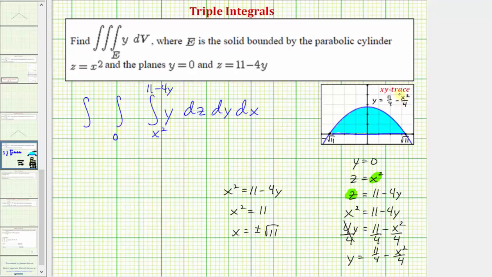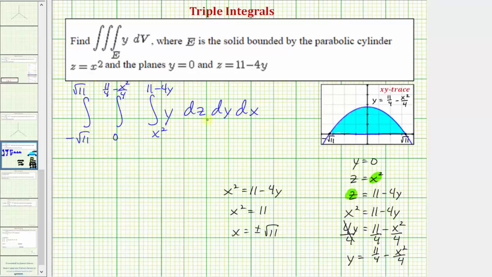The upper limit of integration is going to be 11/4 minus x squared divided by 4. And then for x, notice how the leftmost point is here where x equals negative square root of 11, and the rightmost point is here where x equals positive square root of 11, which means the limits of integration for x are going to be from negative square root of 11 to positive square root of 11.